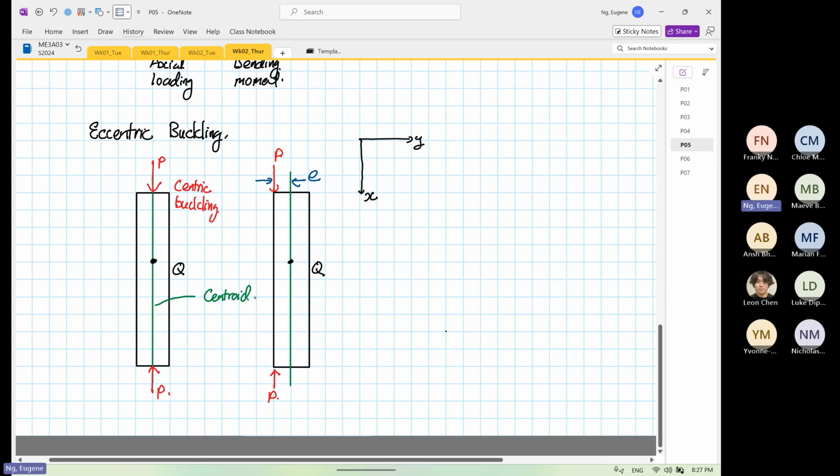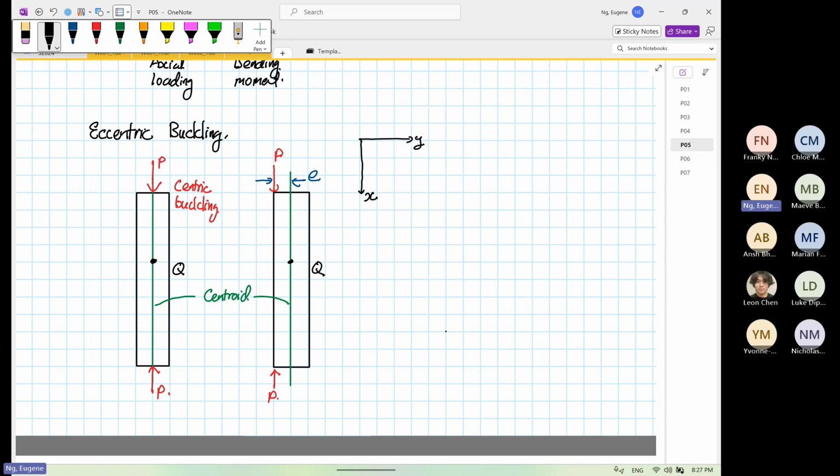So this is a centroid, and it's what we call P. Now it is different. So for this term, this is what we call eccentric buckling.